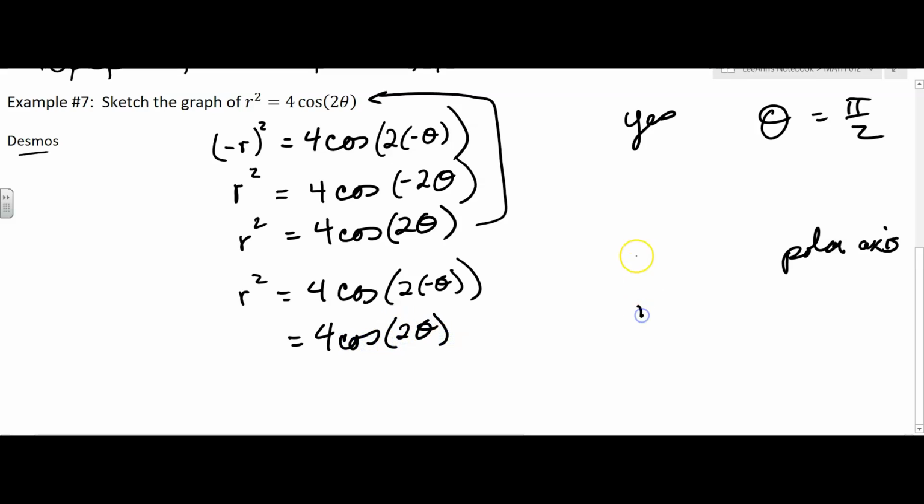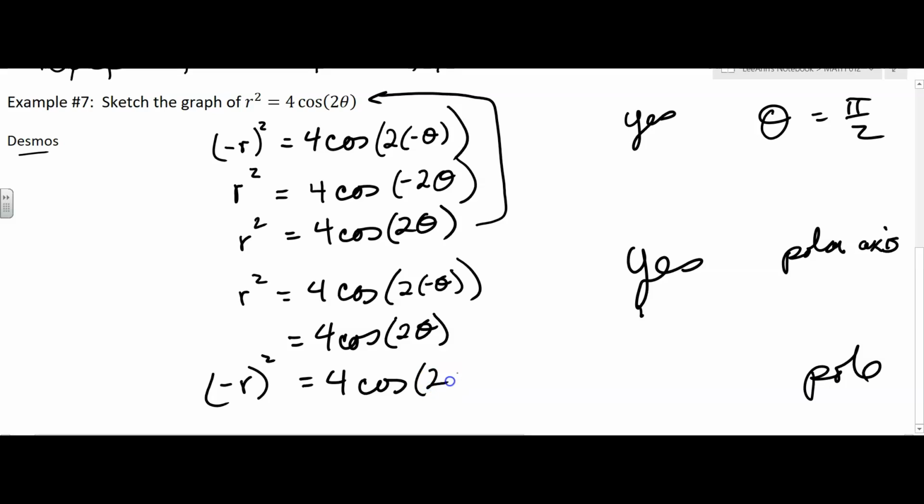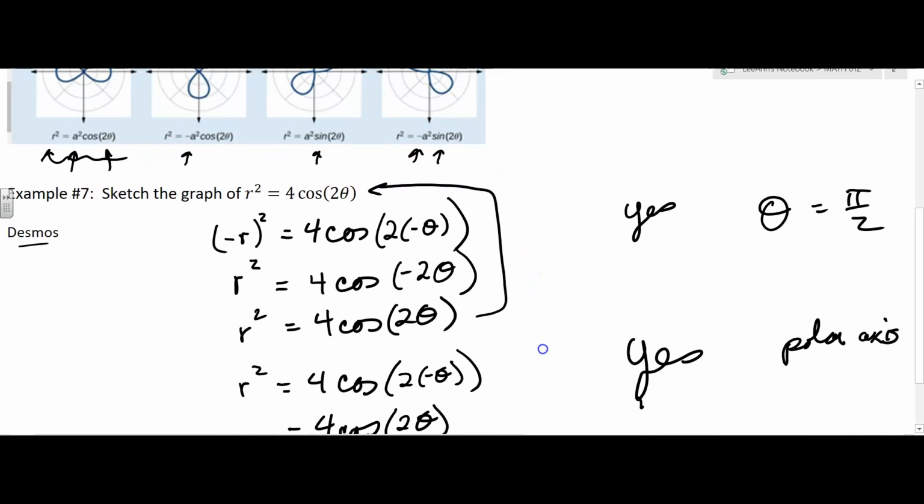So yes, it's going to be symmetric about the polar axis. And then you can check the pole. If you put in negative r and you square it, does that equal 4 cosine 2 theta? Yes, because that's going to be r squared equals 4 cosine 2 theta. So it's actually symmetric about all of them: pi over 2, the polar axis, and the pole.